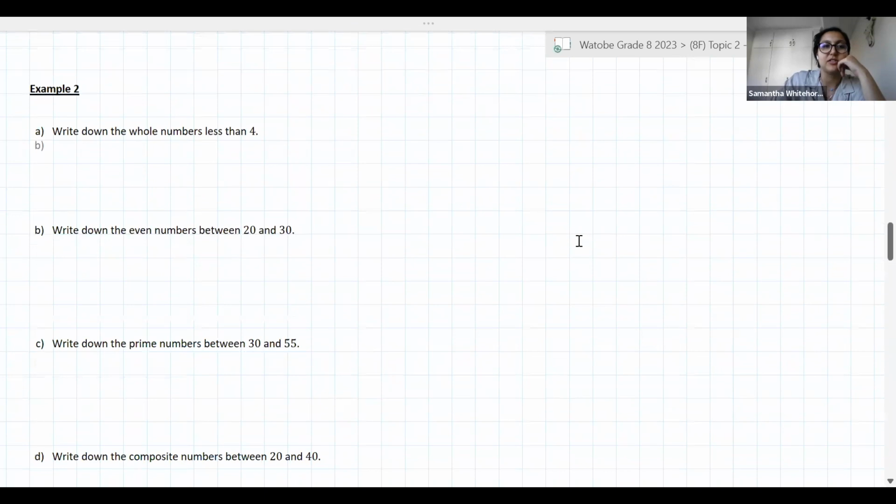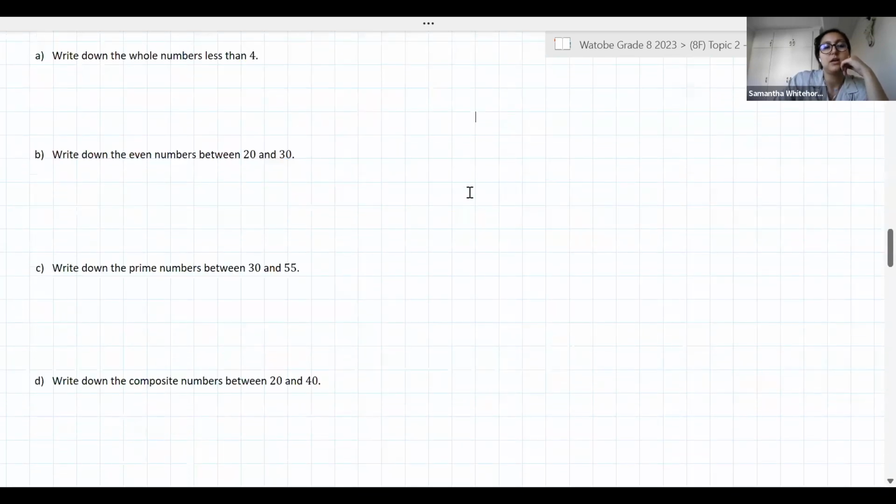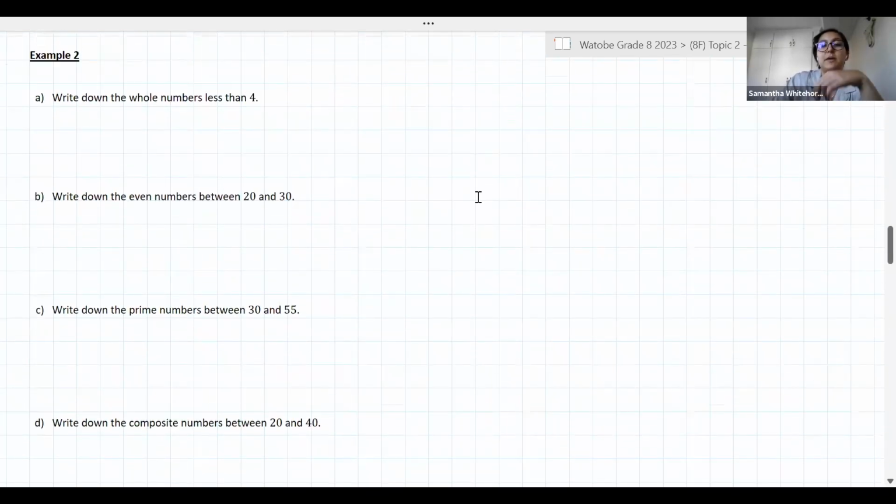Right, so let us have a look at our second example here. Again, we don't have a list of numbers this time, but we do have some instructions that we want to follow in order to answer the questions. My first question is: write down the whole numbers less than 4. Guys, what you need to know is what a whole number is.